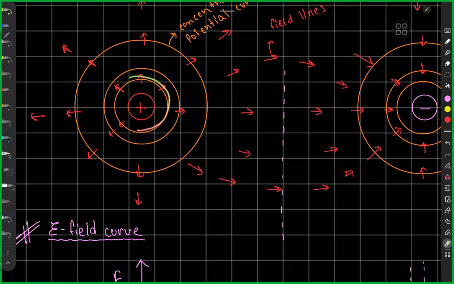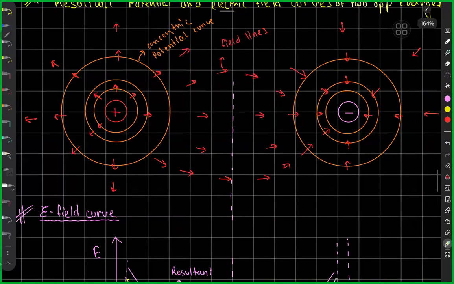On this circle, wherever you point, it will have the same electric potential, let's say plus 20 joule. So bringing a charge from infinity to anywhere on this circle means you have done 20 joule of work. So that's one of the concentric potential curves.